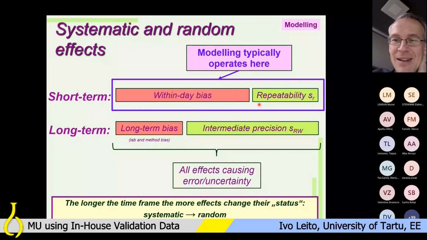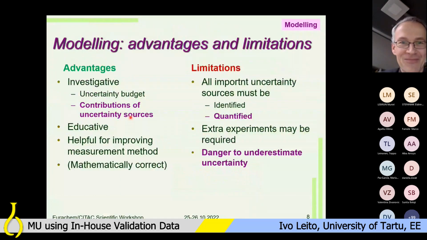And just by increasing the number of measurements, you will not get anything better. And you cannot really evaluate the uncertainty of titrant concentration from repeatability data. So modeling typically works in the, let's say, short-term domain.